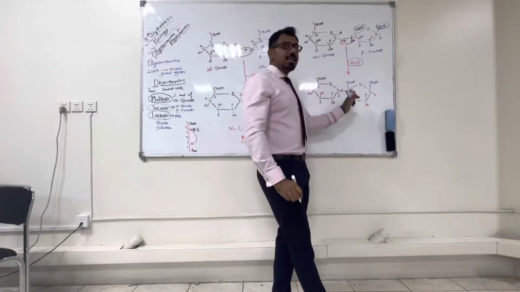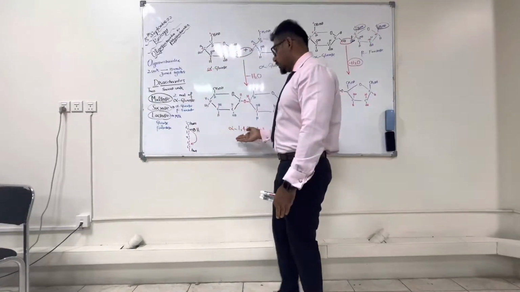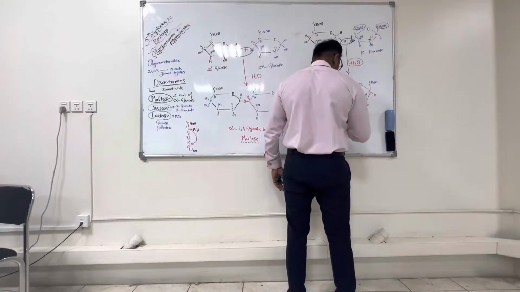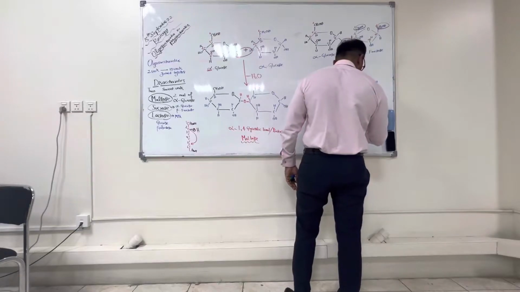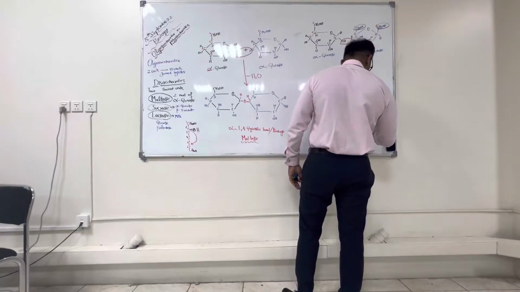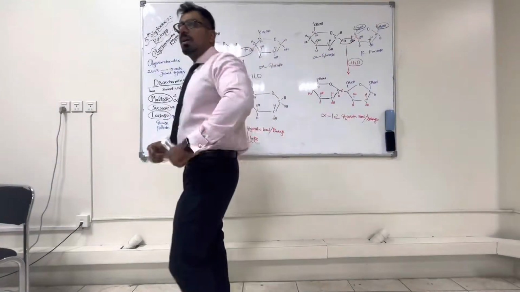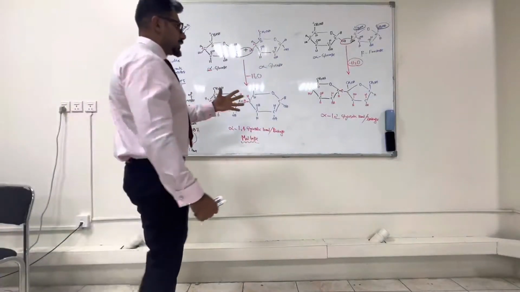And when these two monosaccharides join together, the bond is called glycosidic bond. So we will name it as alpha 1,2 glycosidic bond or linkage. Understood? So this is the fructose, this is the sucrose.